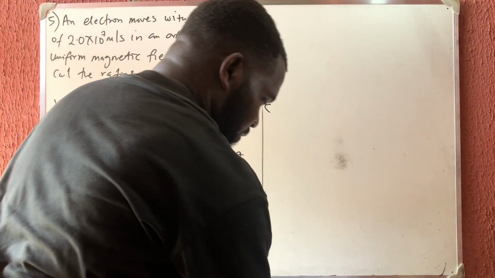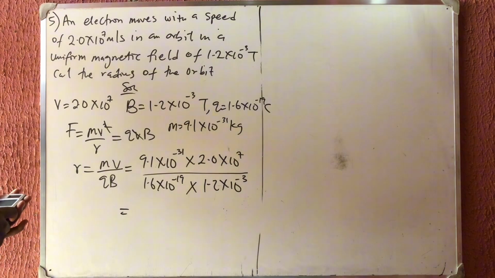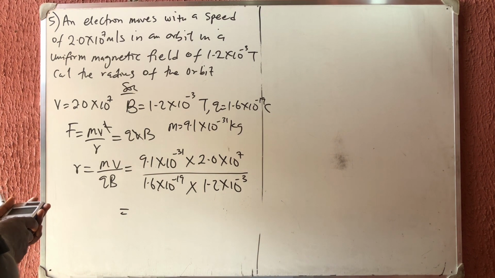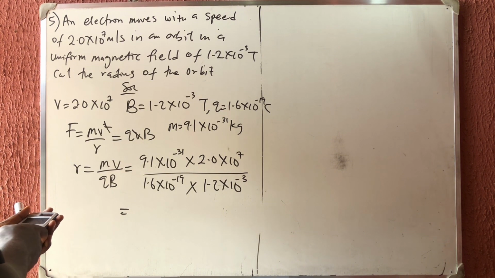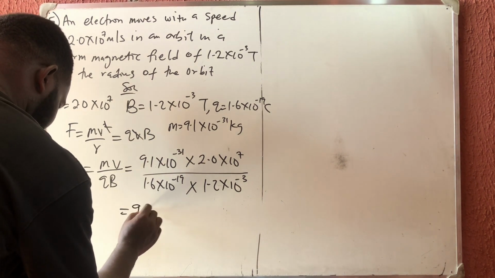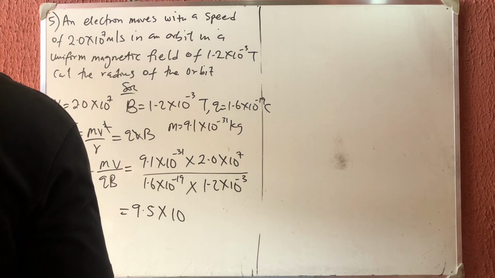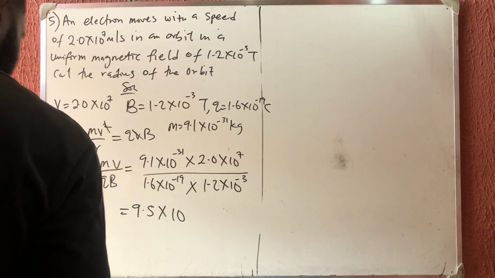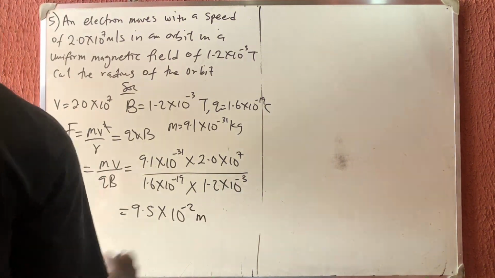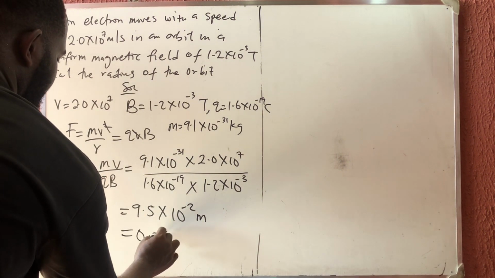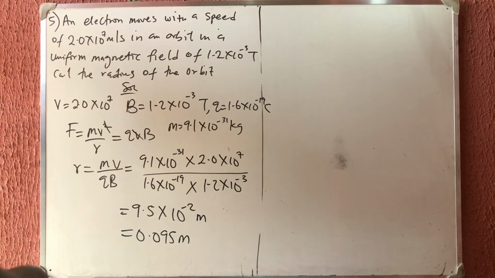If you do that, you have 9.1 times 2.0 divided by 1.6 divided by 1.2, so I'm going to have 9.5 times 10 raised to power minus 2, in meters. So it's going to be 0.095 meters. So that is that for that.